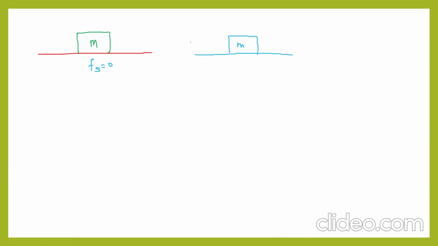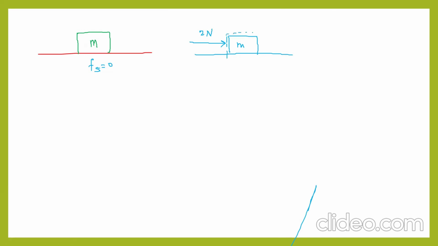But let us suppose you are applying a force on this block. Let us suppose you apply 2 Newton. In which direction? Right. Then this block has a tendency of motion to the right.